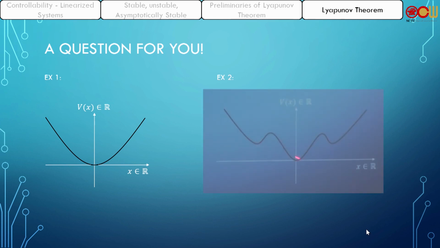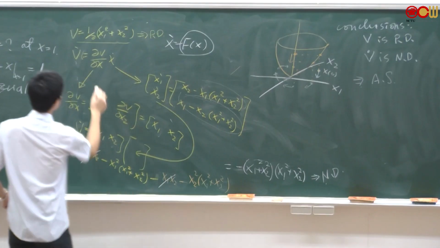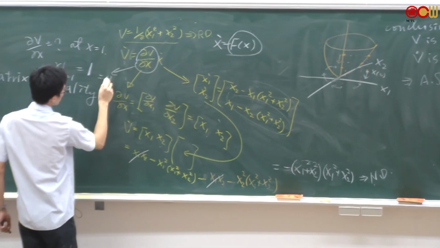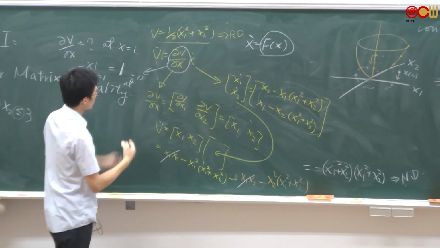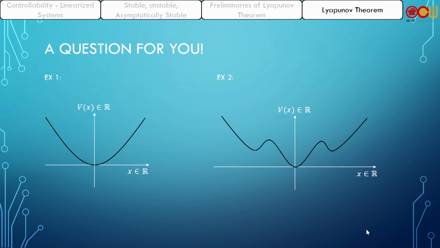You have 1, 2, 3 local minima. At these local minima, the gradient is equal to 0, because it stands for the slope, and at a minimum the slope is 0. So if possible, you don't want to choose this kind of Lyapunov function. Even though it's PD, it's not a good Lyapunov function.